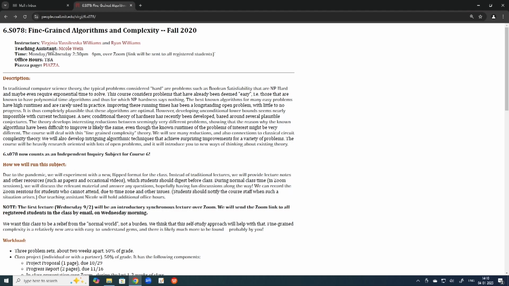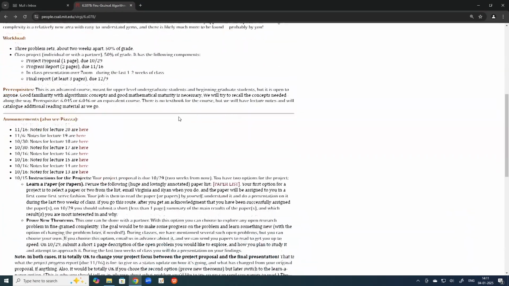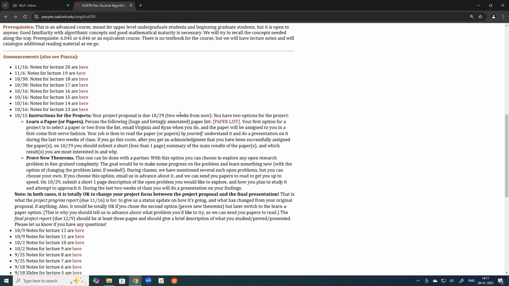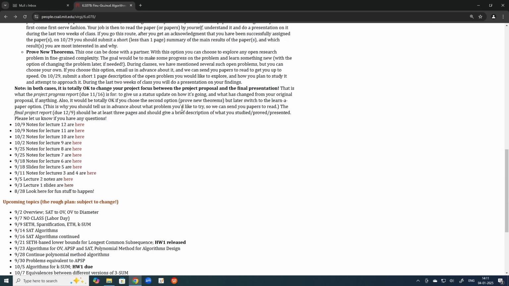This is a fall 2020 course at MIT by Virginia Williams and Ryan Williams, and it is called fine grained algorithms and complexity, and I am just going to run through the slides of the first lecture. So, that is the plan for the next half an hour, 45 minutes.